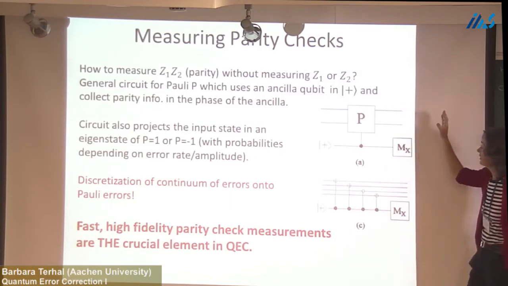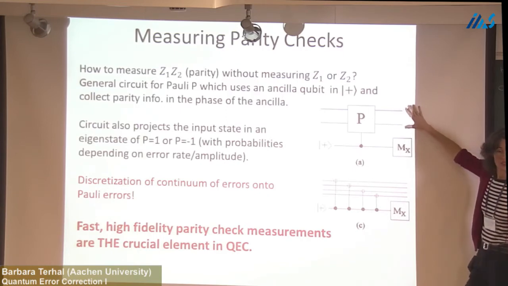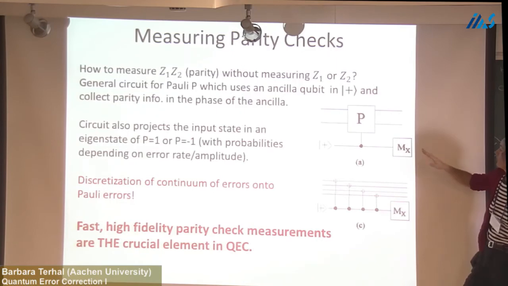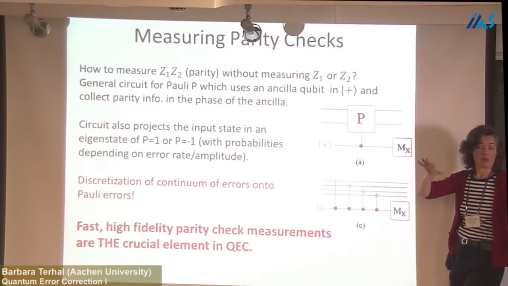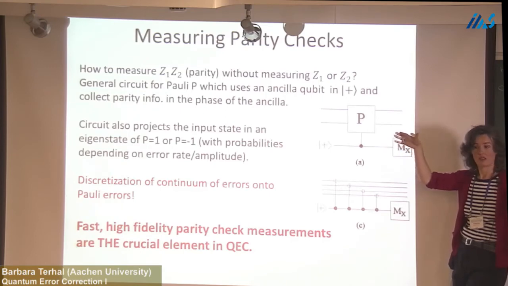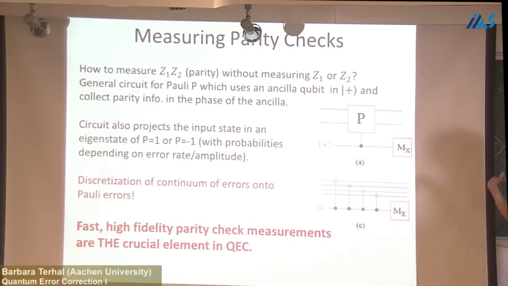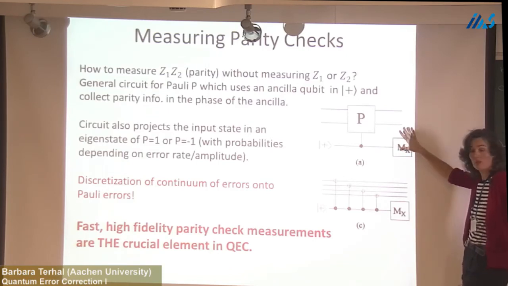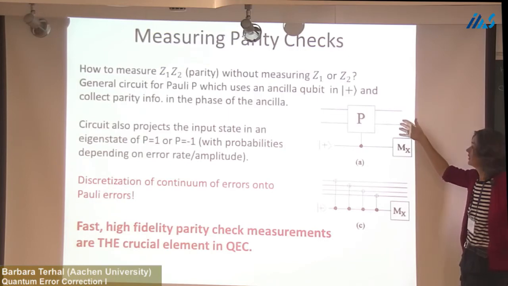And then what error happened? Well, what I have here is a state which has -1 or +1 eigenvalues with respect to the parity checks. And those states I can only get from applying Pauli errors on a state. So in other words, the Pauli error model, if I can do these measurements, you don't need to go beyond that in this formalism.